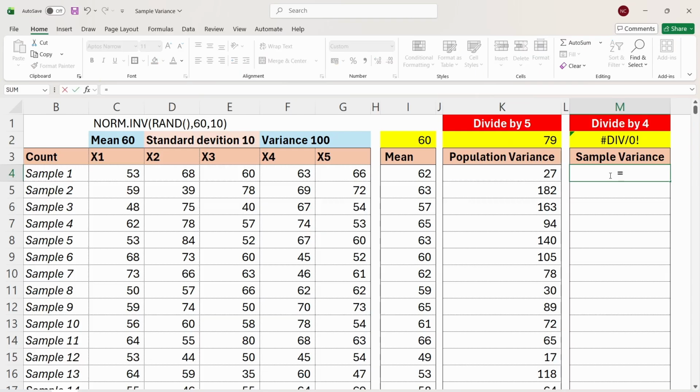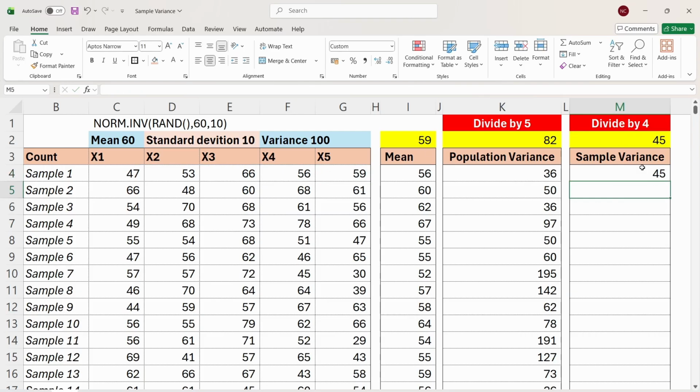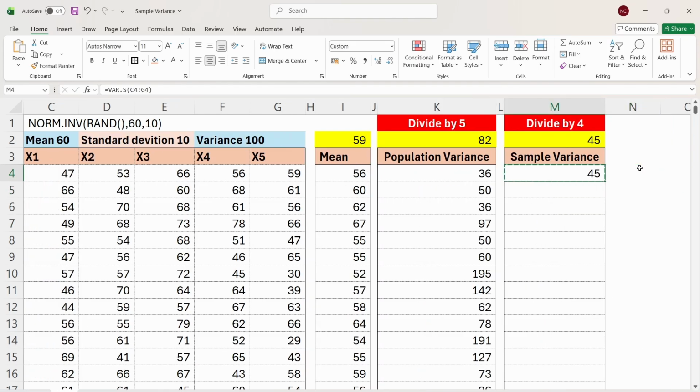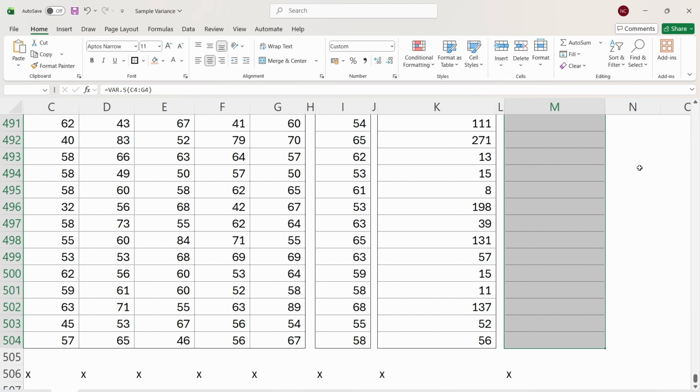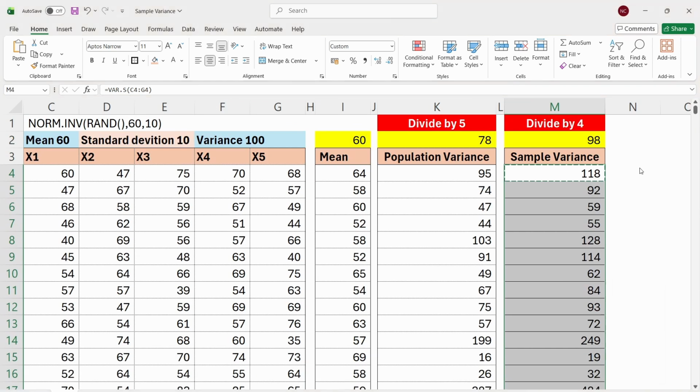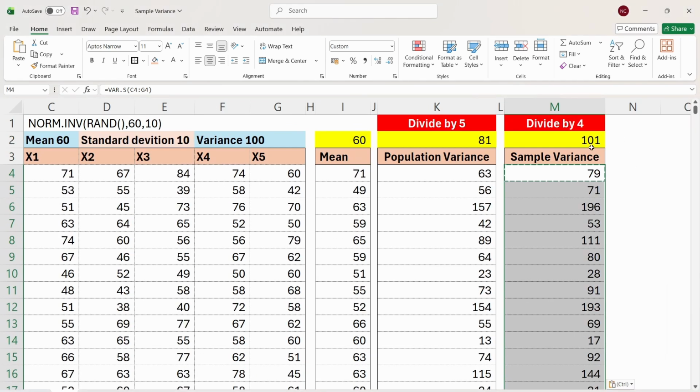Now let's see what will happen if we use n minus 1 instead of n to calculate the variance. When we use n minus 1, we call it the variance of the sample. So we got 45. Now we will take the variance of all the 501 samples and we will get 101.